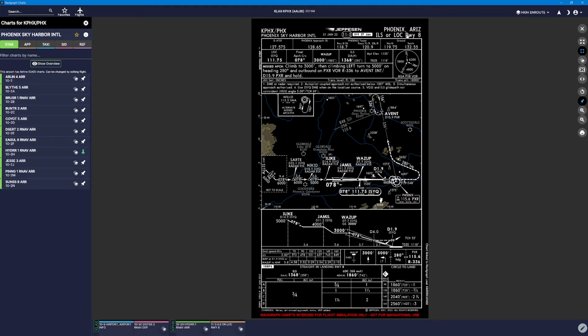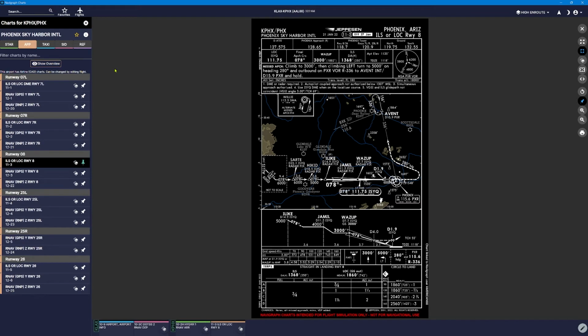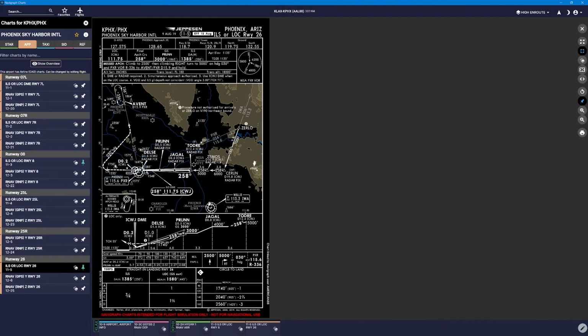But this is runway 8. We were just given runway 26. So if we pick runway 26 ILS, we'll just call it ILS, put that at the bottom and then bring it up. So we were out here.